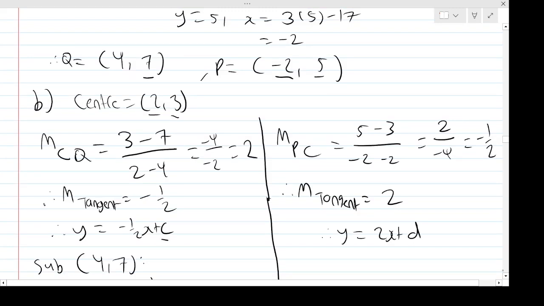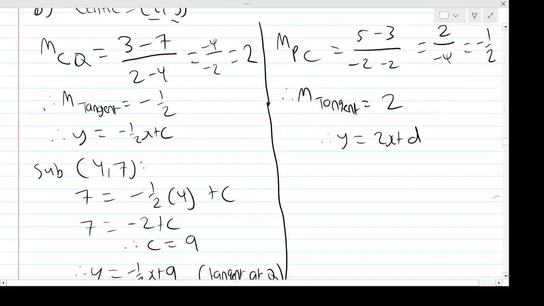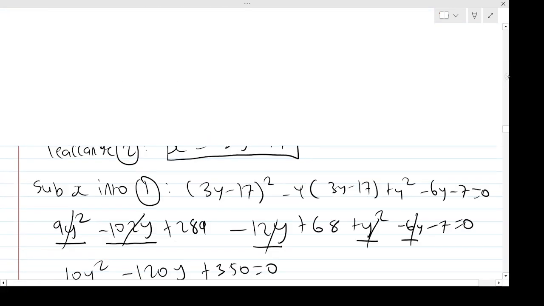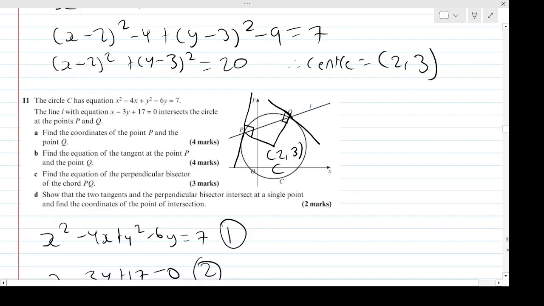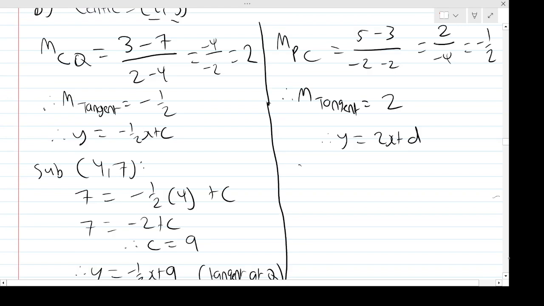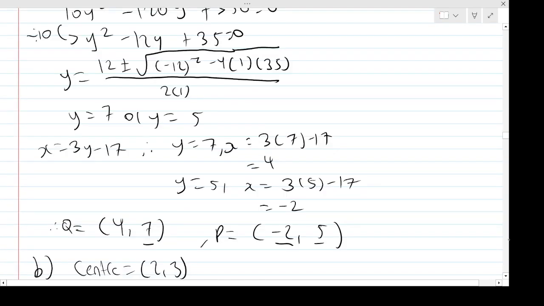I'm going to use a different letter to c for the equation of the tangent. Again, to find that missing number d, I need to sub a point in that I know is on the tangent. The point P, which is where the tangent is at, is on the line, so I can substitute that in. So P is minus 2, 5.